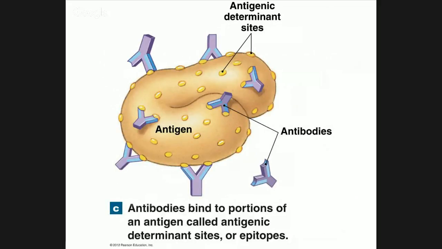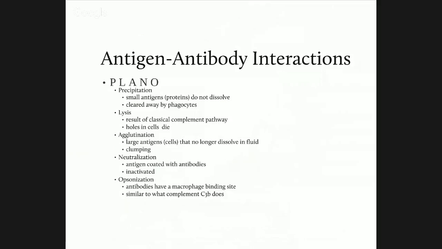There's a complement binding site on the antibody here, and so complement protein 1 will come join this and get complement proteins 2 and 4 involved in breaking down complement protein 3, which will recruit complement proteins 5, 6, 7, 8, 9 to form the membrane attack complex and make a hole in the antigen, which we talked about before. But that'll lead to lysis. Okay.